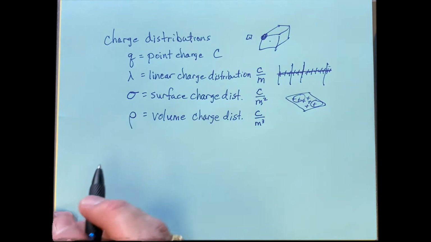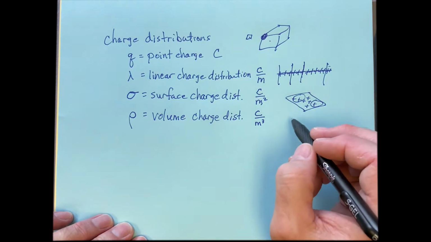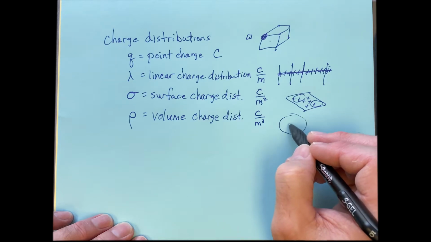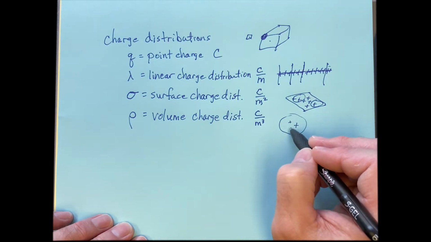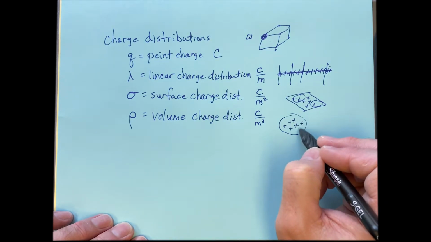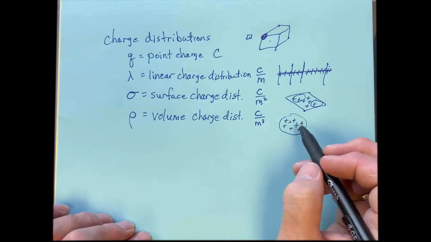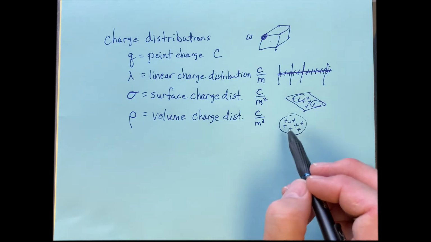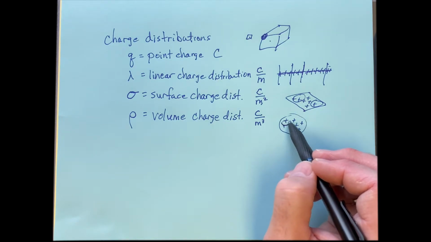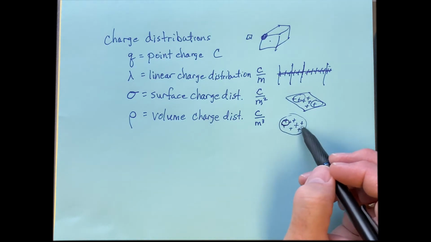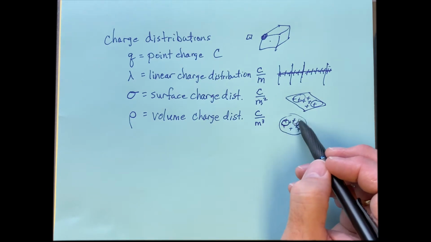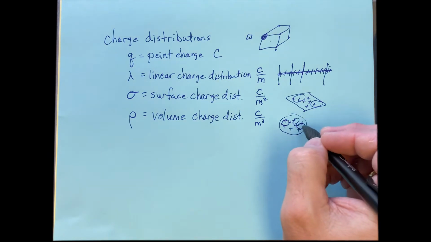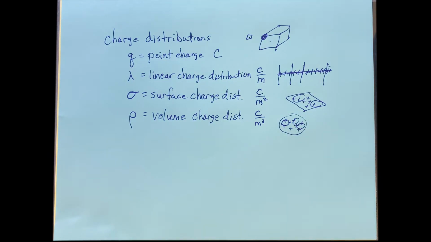It looks like a P, but that's a Greek letter rho. In that case, you're talking about something like a spherical volume, with charge distributed all throughout the sphere, not just on the surface. If it's the same volume charge density, you would have the same volume charge distribution in this volume as in that volume, or any other volumes like that.